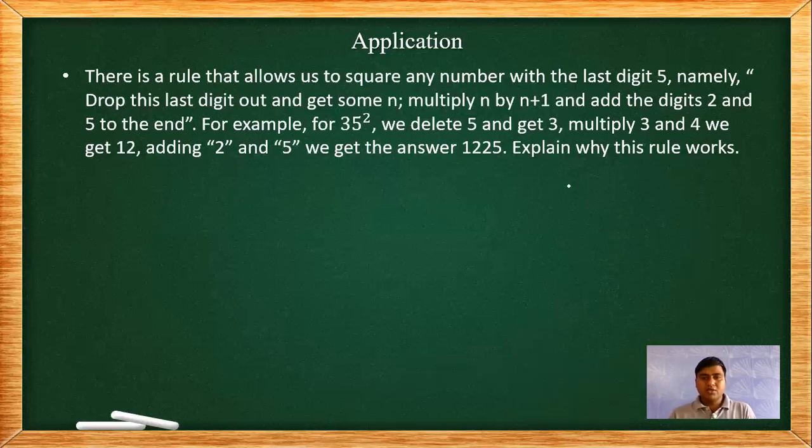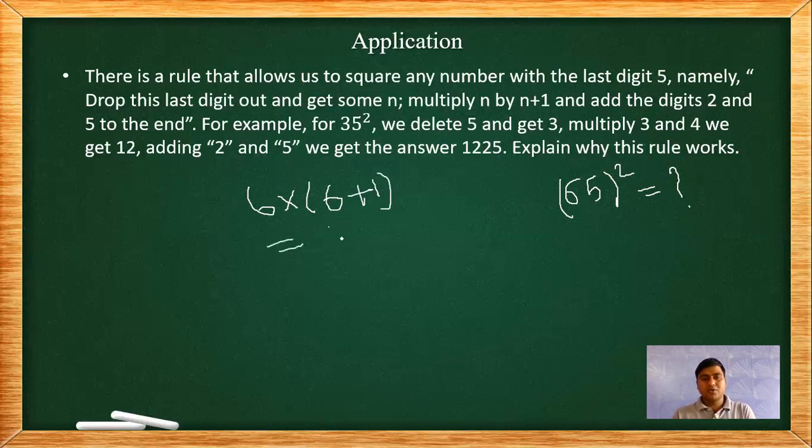Now we try 65 whole square. The last digit is 5. 65 whole square equals how much? Now delete the 5. This is 6. 6 into 6 plus 1. 6 plus 1 is 7.